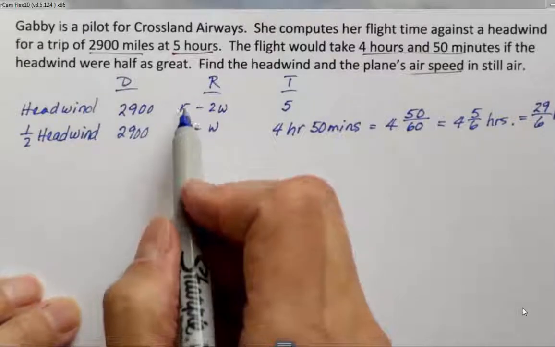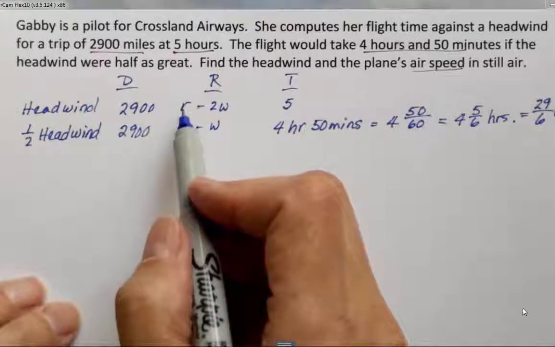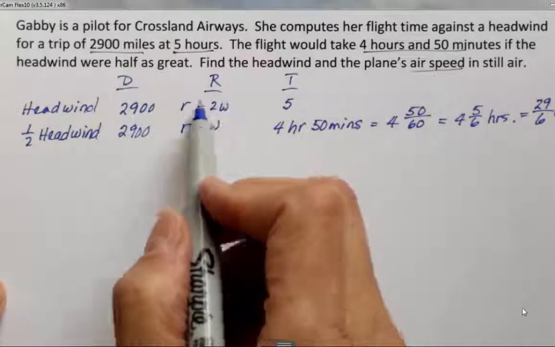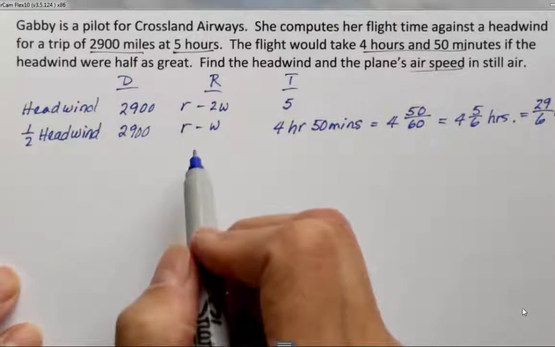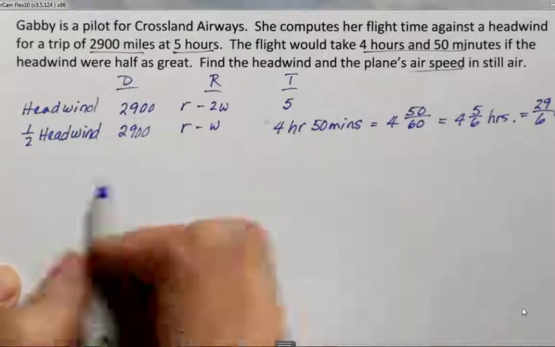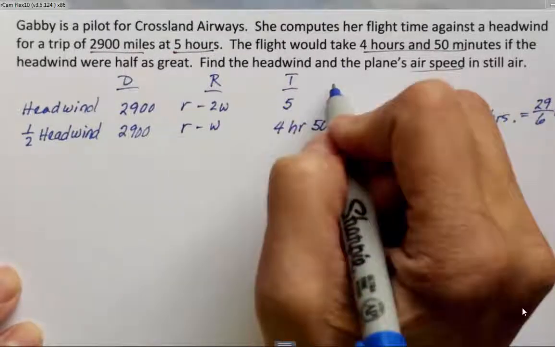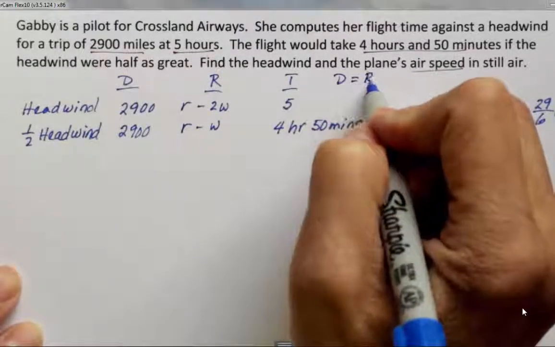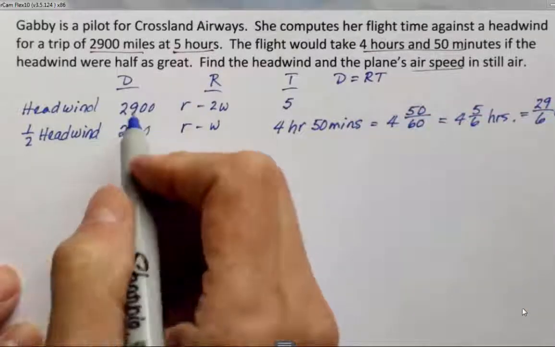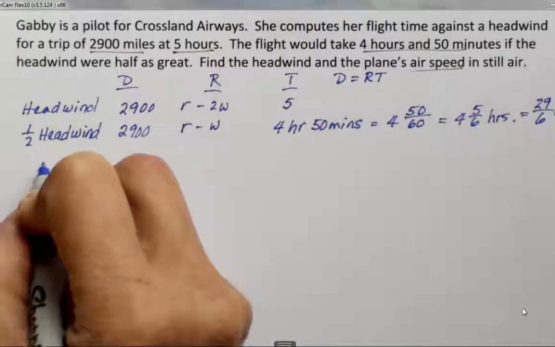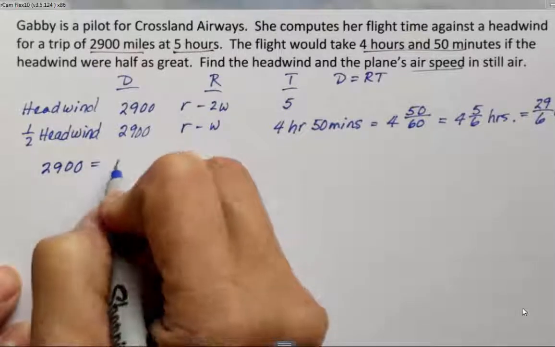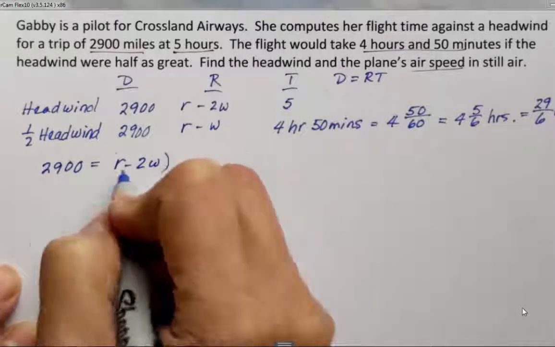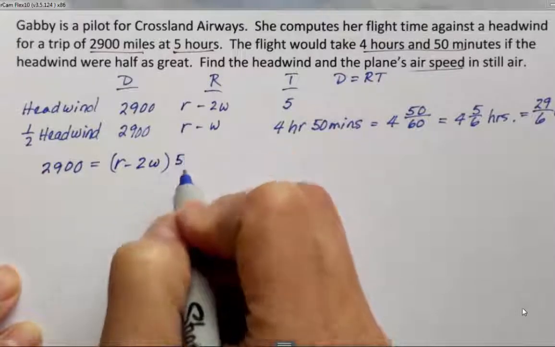So remember, the rate of the airplane is going to be decreased by the headwind. It's going to make it go slower. So now we need to remember that we have our equation here, and we know that D is equal to RT. So we know that 2,900, my first equation, is going to be equal to R minus 2W times T, which is 5.